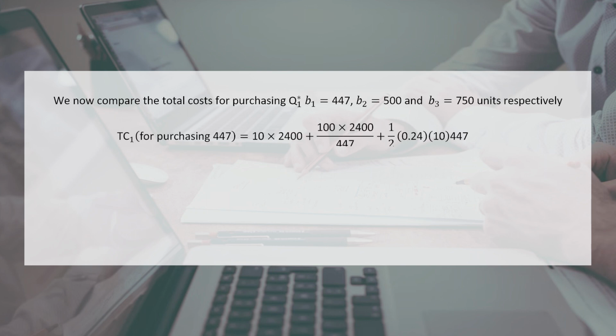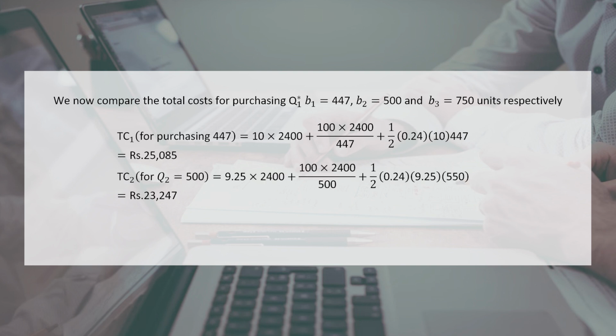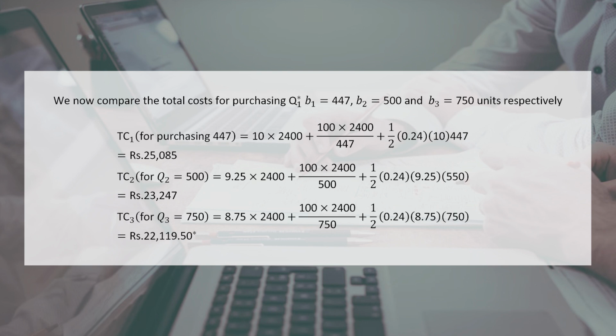You can see in the TC1 scenario, it is coming 25,085. In TC2, you are getting 23,247. And TC3 is 22,119.50. If we compare all three scenarios of the total cost under different pricing, we can find that the economic order, that is the purchase quantity, is coming out to be 750 units.